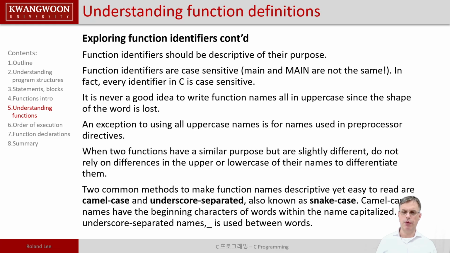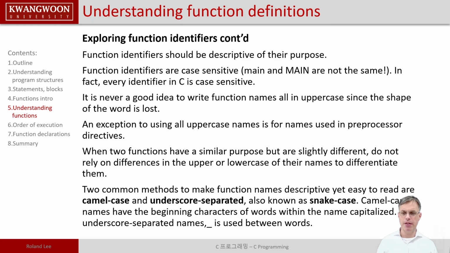And when two functions have a similar purpose but are slightly different, do not rely on differences in the upper or lower case of their names to differentiate them. It is far better to make them slightly different in length or use different modifiers in their name.